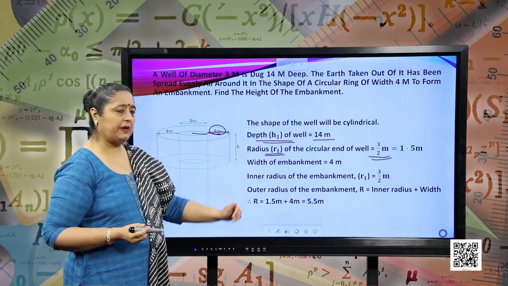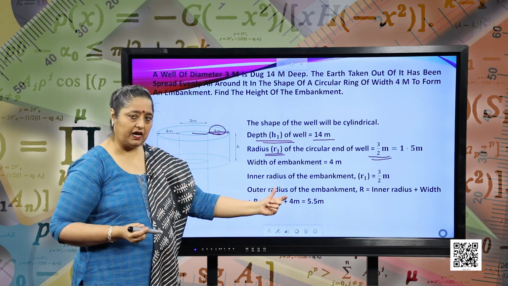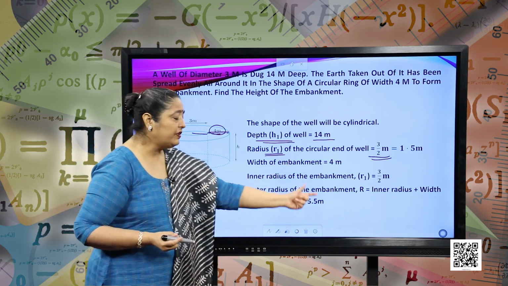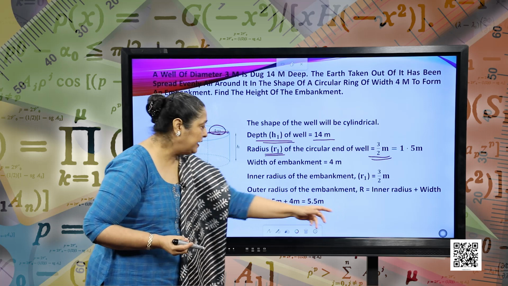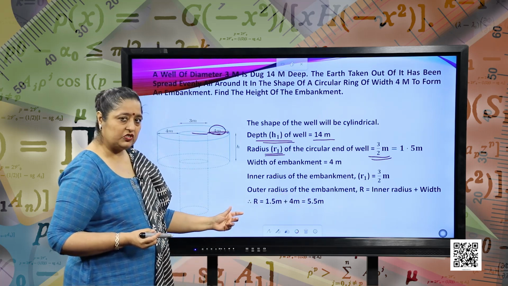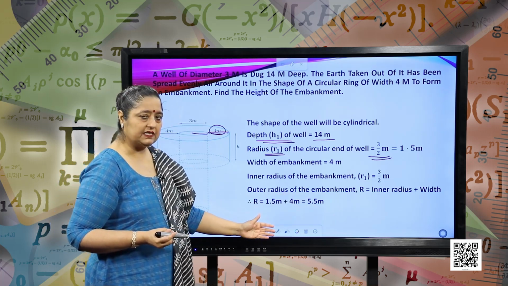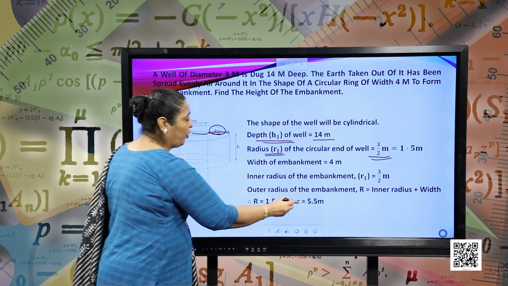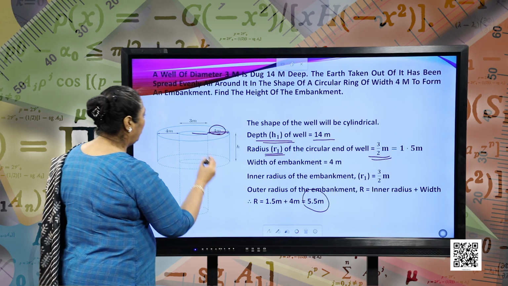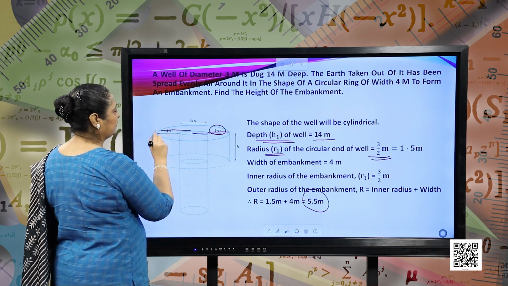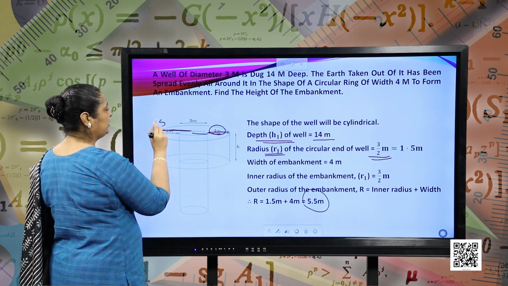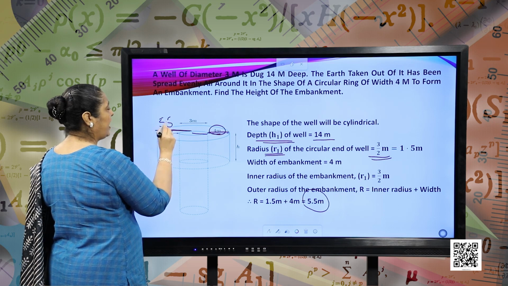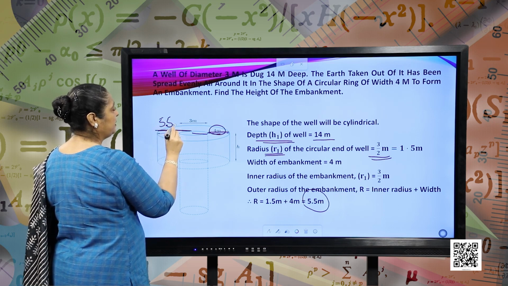Outer radius of the embankment, that is capital R, is given by inner radius plus the width of the embankment, which is 1.5 meters plus 4 meters, which is 5.5 meters.